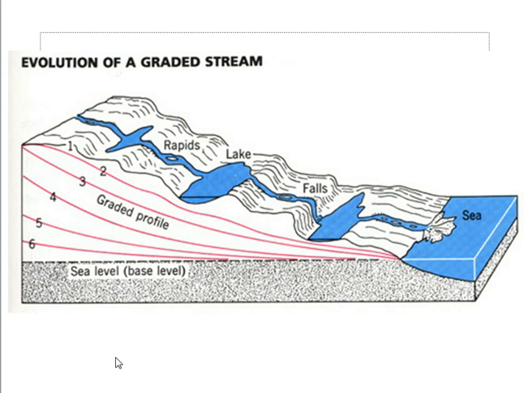So slope can make a stream have more erosional capabilities. As the stream begins to move from high elevation down to low elevation, or the sea or a lake, which is a temporary kind of base level, the stream will cut down, erode, and move material.